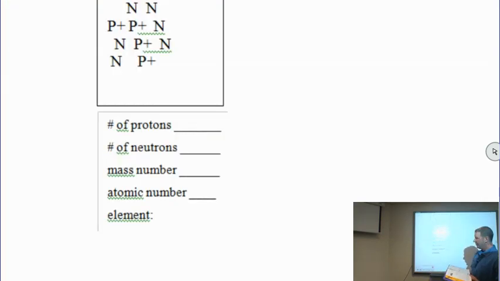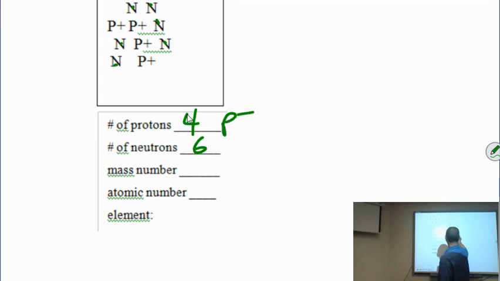So here we go. For your first bit of work, you're going to use your periodic table. So if we look here, how many protons do we have? We have 4 protons. So write down 4. How many neutrons? 1, 2, 3, 4, 5, 6 neutrons. So again, the protons are the P pluses up there. The neutrons are the N's. What's the mass number?